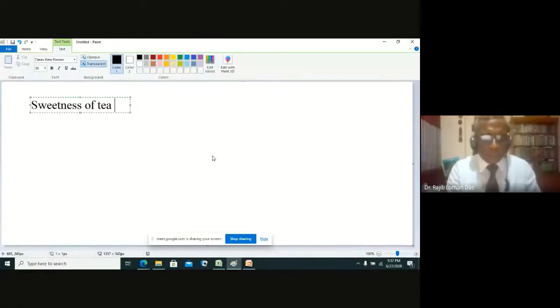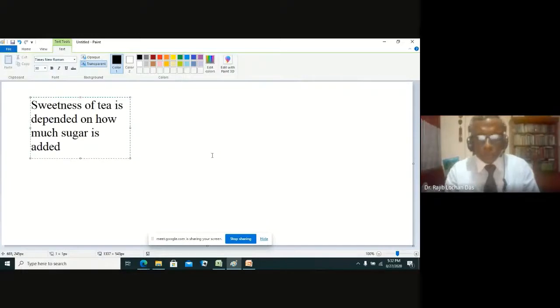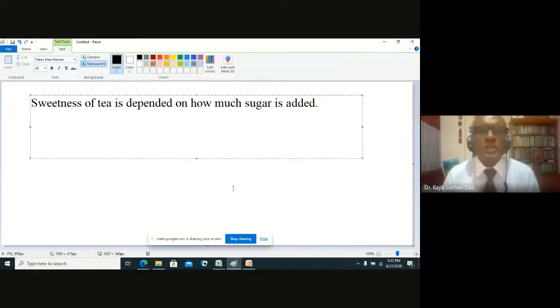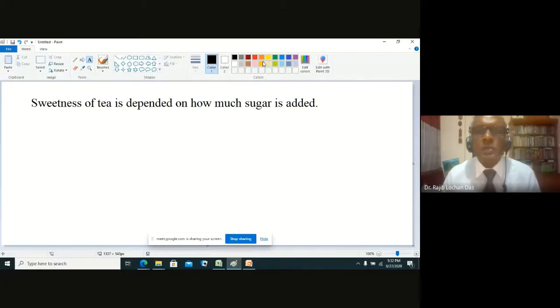Sweetness depends on how much sugar we add, or how much sugar is added. So this is one sentence, and this sentence is an example of a function, isn't it? Is that clear? The idea is clear to everyone?